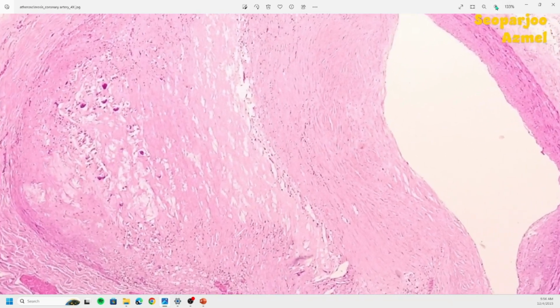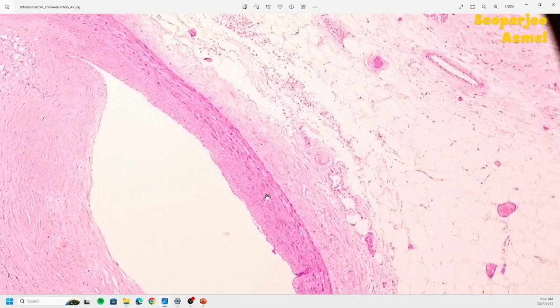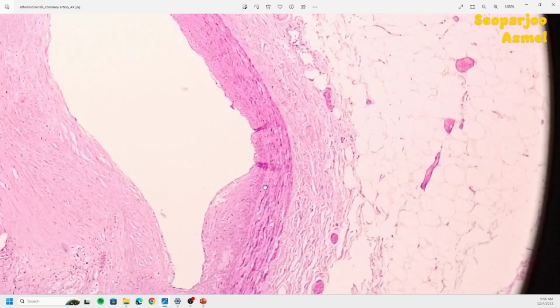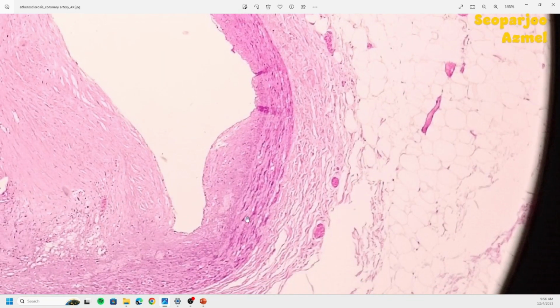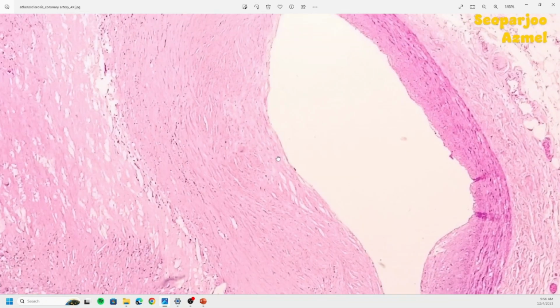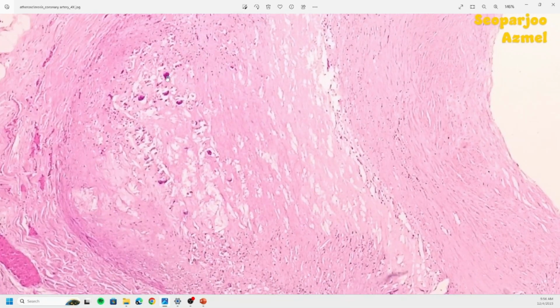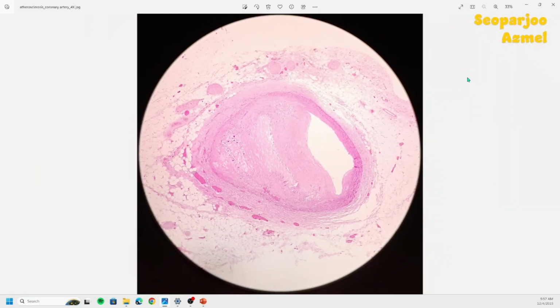If you take a closer look, you can still demonstrate there are some smooth muscles. Don't worry, this image is a bit blurry, but I will continue with a clearer image afterwards. Right. So you can see the bluish part here is actually the calcifications that occur in the necrotic center of the atherosclerotic plaque.